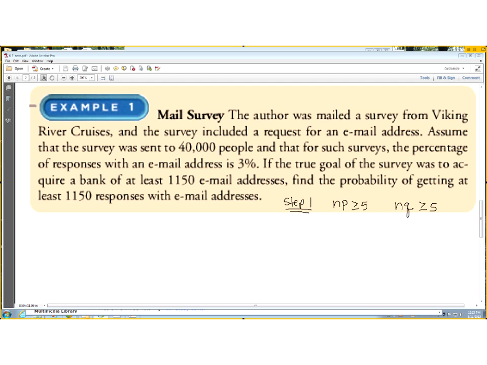We cannot continue if these two conditions are not satisfied. Let me write at the top that here I'm asking you to use the normal distribution, to approximate the binomial.